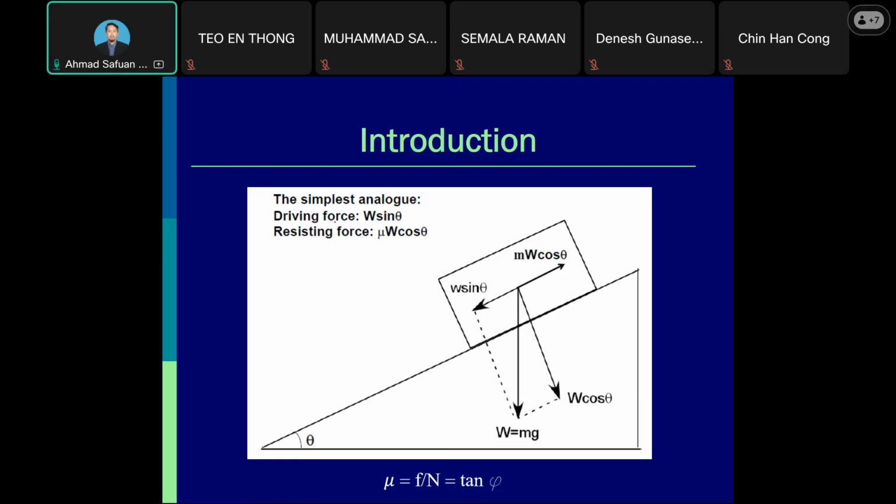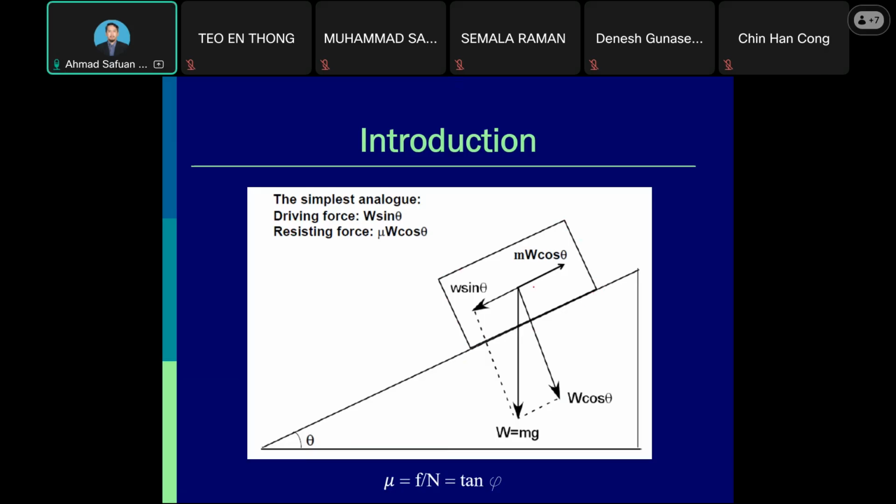So from the previous discussion, we know that there is a driving force and also a resisting force, by having a simple analogy of a soil block on the failure plane.